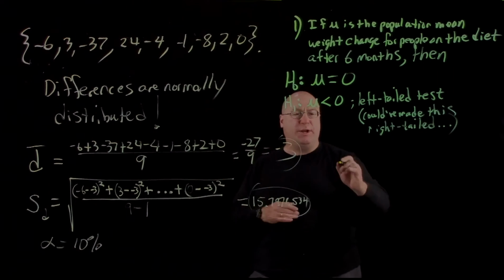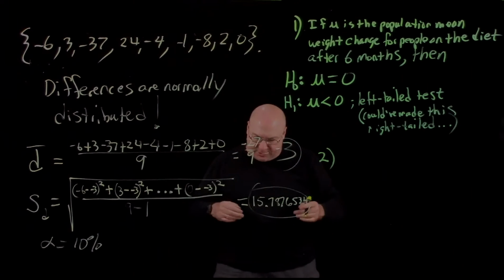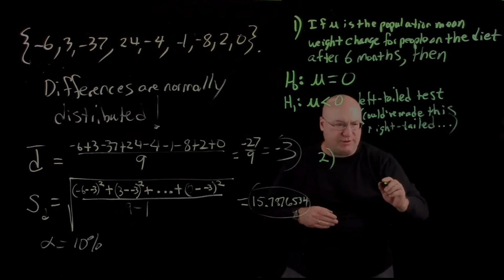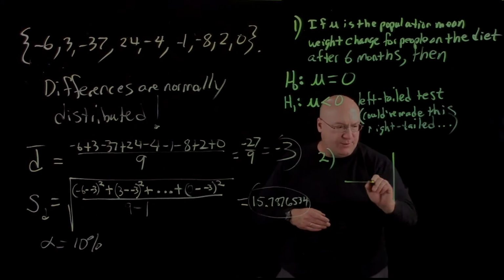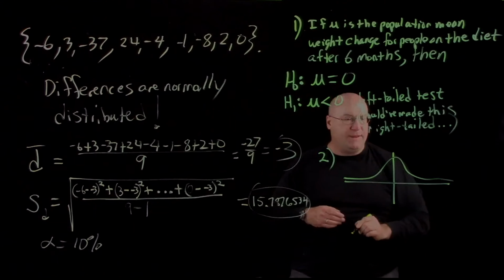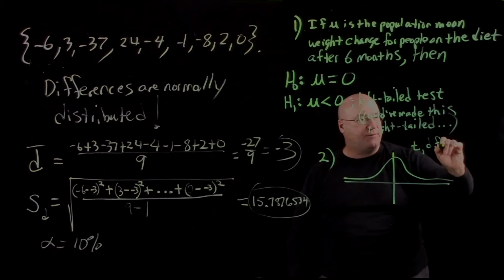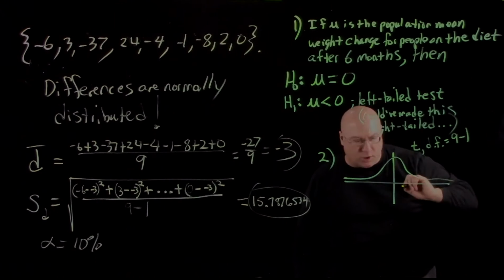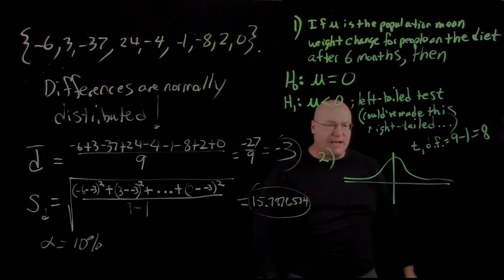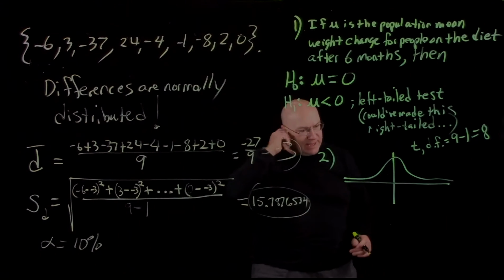All right, that was number 1. Number 2 says we'll do the graph with the critical value and significance and rejection region and all that. So this is the t random variable, and the degrees of freedom are 9 minus 1, which is 8. If you look that up, most tables will have that.